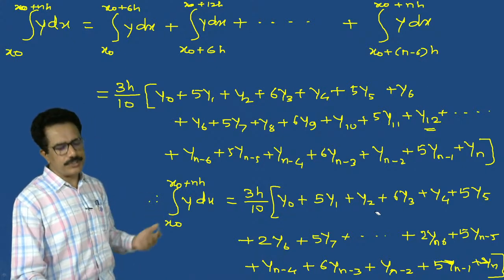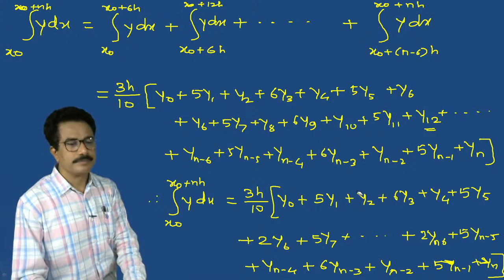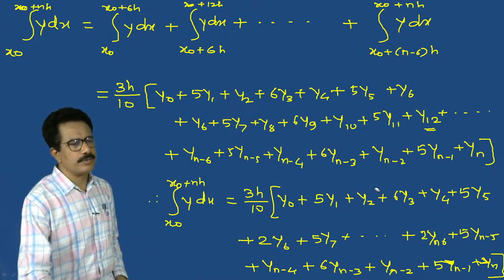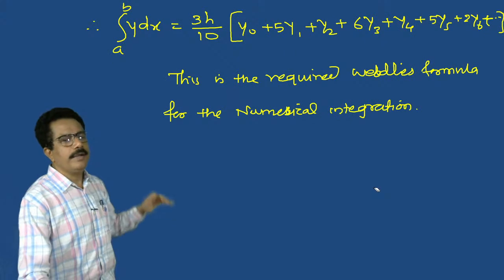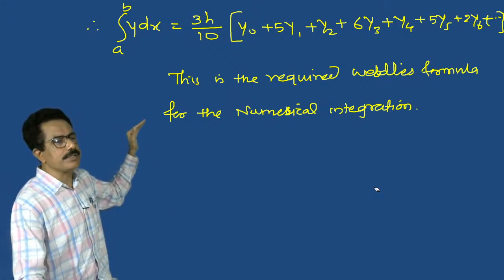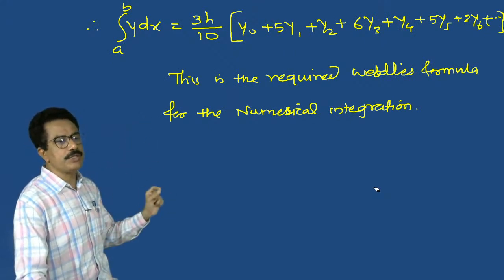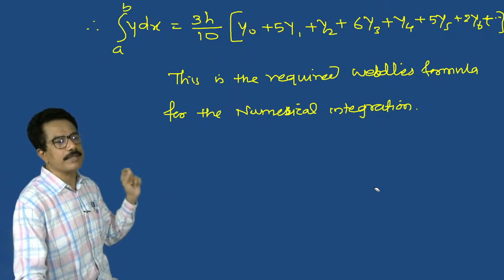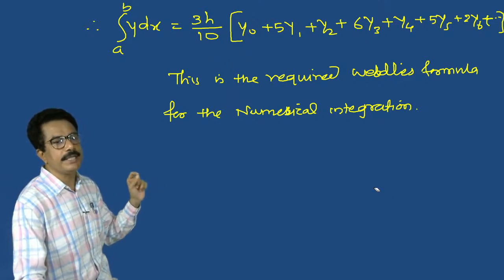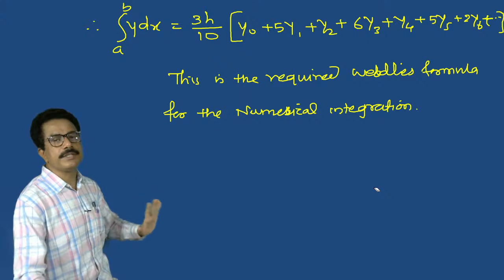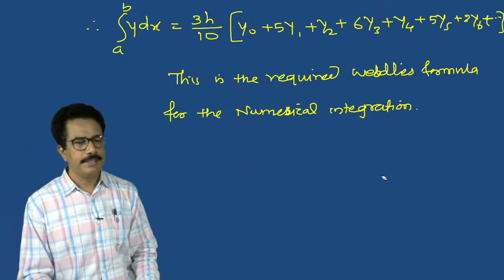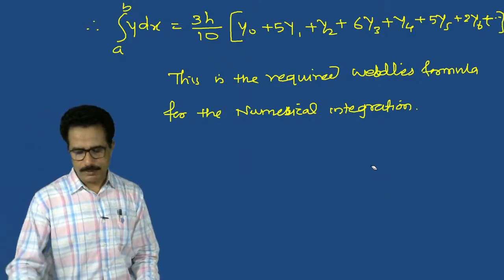Okay. So in this way we can write this. So integral from a to b y dx is equals to 3h by 10 into y0 plus 5 times of y1 plus y2 plus 6 times of y3 plus y4 and so on, in this way we can write the solution. Okay. तर अशा पद्धतीने हा Weddle's फॉर्म्युला होतो.